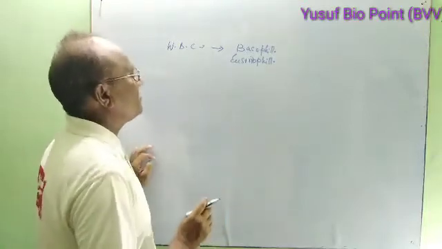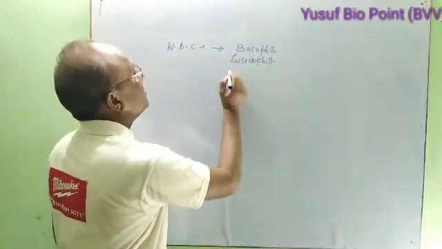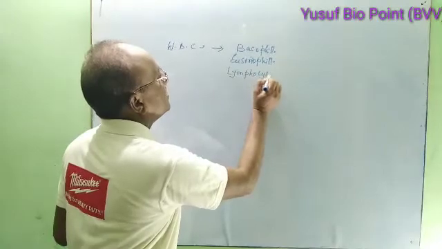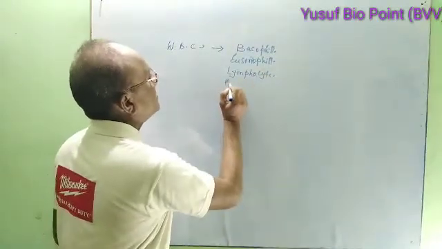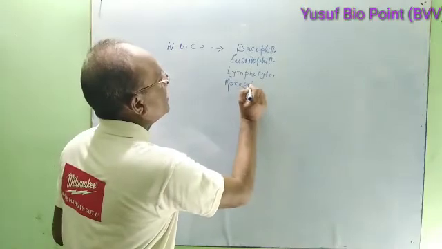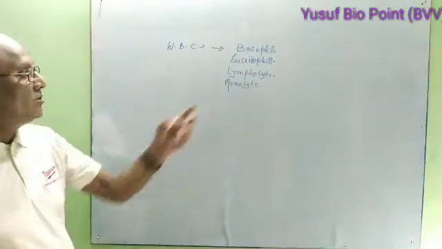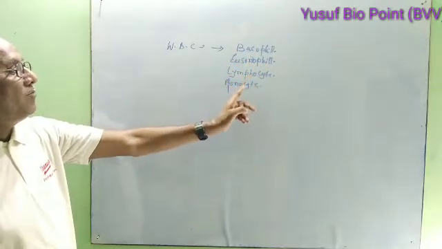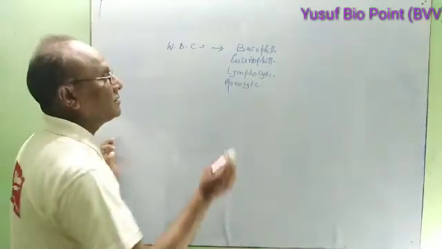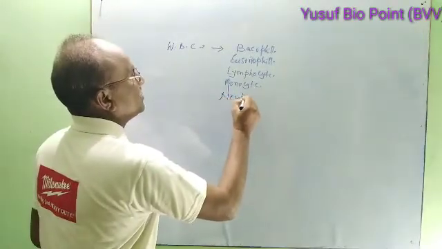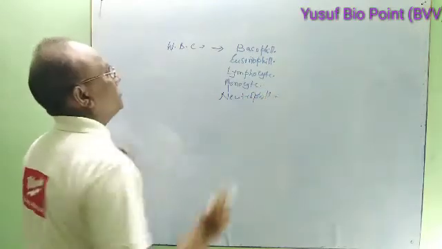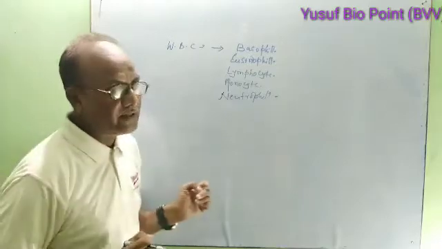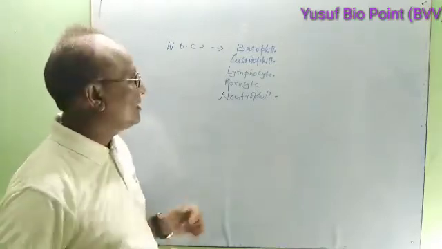Next, basophil, eosinophil, lymphocyte, monocytes, and neutrophil. These are the 5 types of the WBC, and they have their different works, which you will study in the next classes.